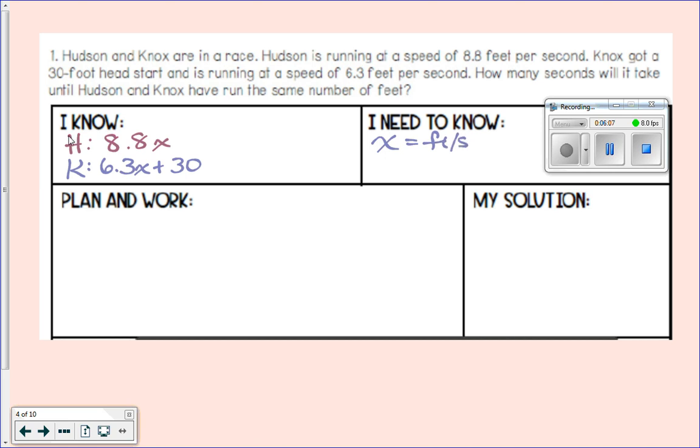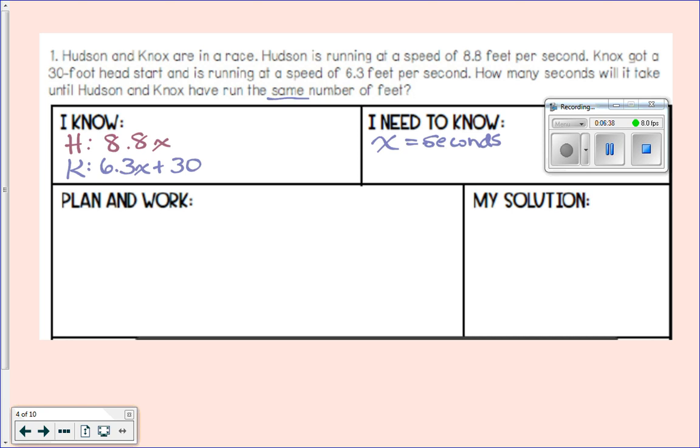Feet per second. Is it feet or is it just seconds? Because we already have feet, right? So it would represent seconds, right? So how can we write this? How many seconds will it take until Hudson and Knox have run the same number of feet?